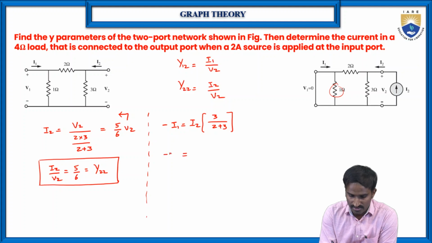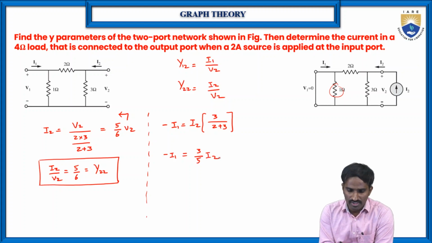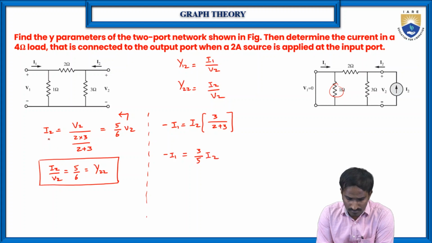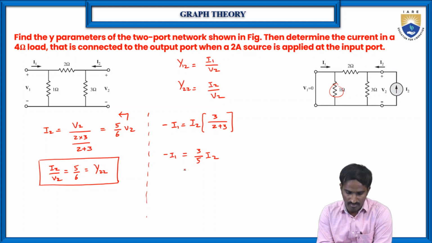Then minus I1 is equal to 3 by 5 into I2. Right? But what is I2 here? I2 in terms of V2 is 5 by 6. Right? So just substitute in the place of I2 as 5 by 6 V2. Okay, because I2 by V2, right?